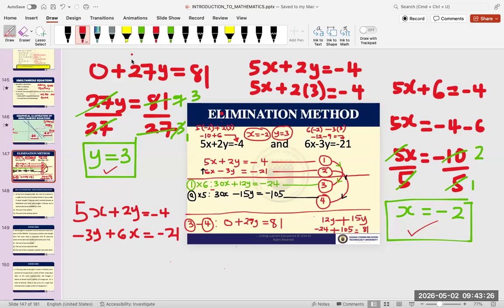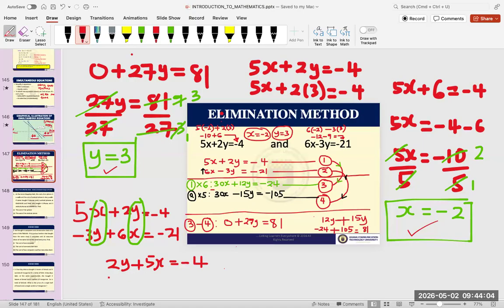Because they are not matching, you cannot use the formula, I thought. The top is x, the down is y, the top is y, the down is x, they are not matching. So you can rearrange it, whether x or y, anything you want to lead. So if you want y to lead, then you rewrite it as 2y plus 5x is equal to -4.